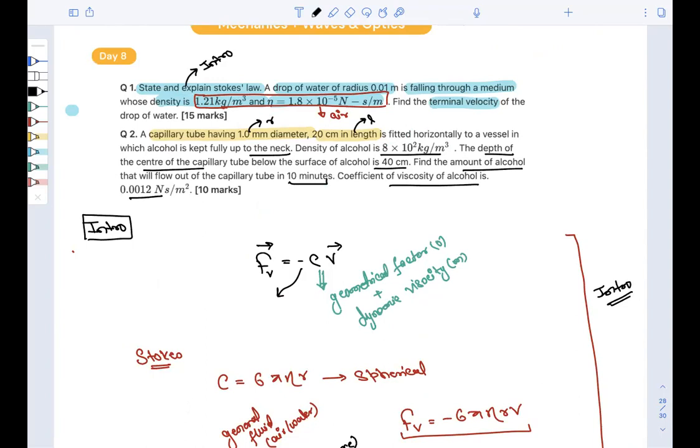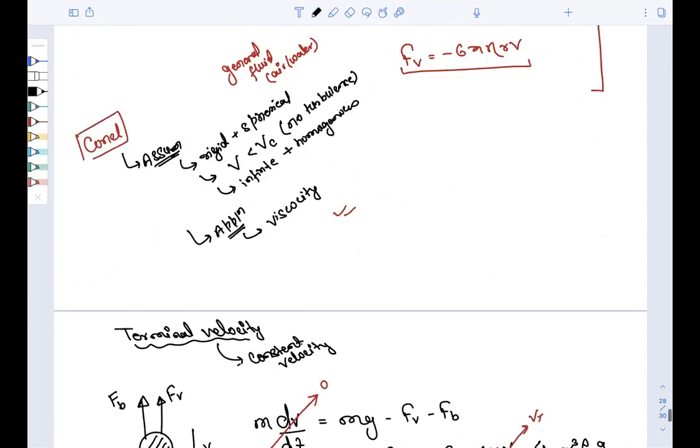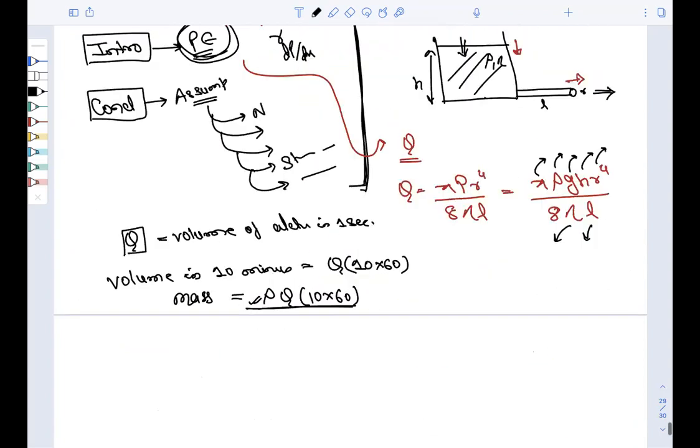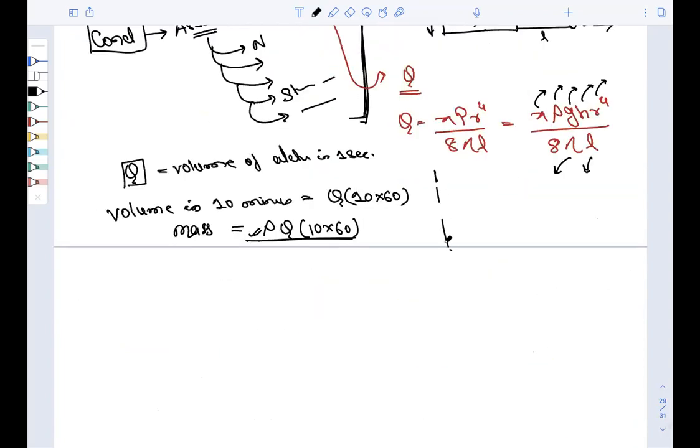Viscosity is given here and density is given here. Just need to multiply it with this, right? h, 40 centimeter, is given, radius is given, L is given, eta is given, rho is given, time T is given, right? So the final answer will be rho Q into T, which will be in seconds, right? Q is here.